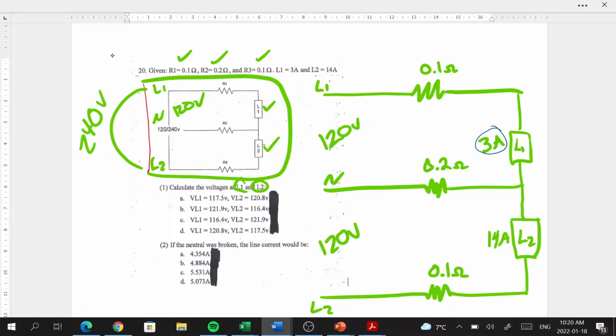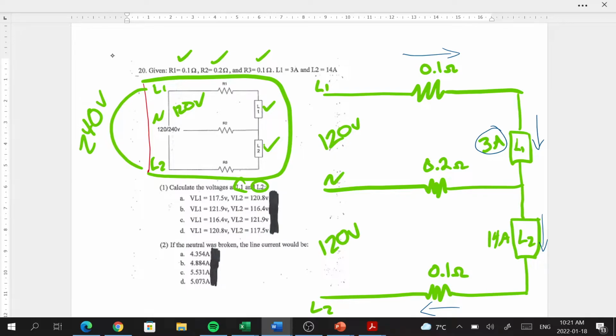If we say the current is flowing this way during the instantaneous snapshot we take of the circuit, then it must be flowing this way, counterclockwise or clockwise around the entire circuit. In 1/120th of a second, it's going to flip and go the other direction, but it doesn't matter. It's not going to change our calculations in the slightest.